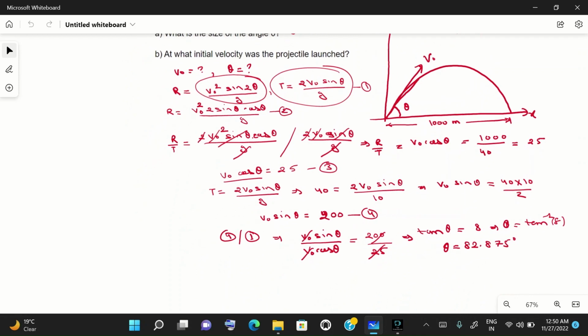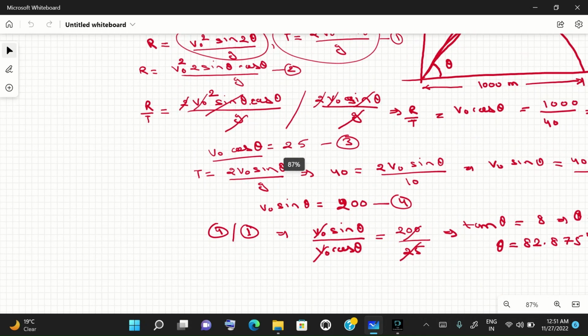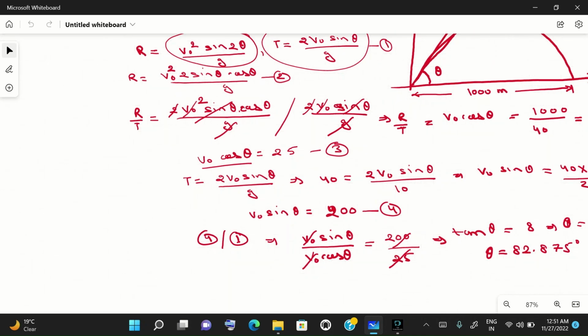We have to find the initial velocity, which is v0. So you can see that v0 sine theta, we can put the value of theta in any equation, 3 or 4, anyone. v0 sine theta is equal to 200. So we can put the value of sine theta here. So v0 sine 82.875 is equal to 200.